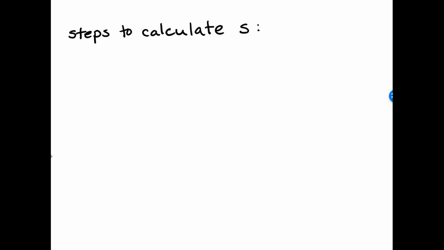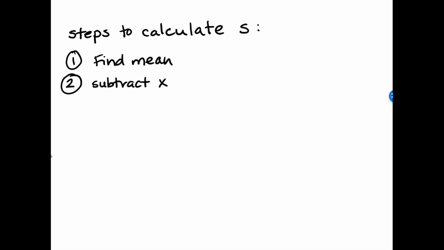So just to summarize what we did: the first step, take your data set and we need to know, what is the mean? If we don't know what the mean is, we can't figure out any of the deviations. Then we want to subtract.